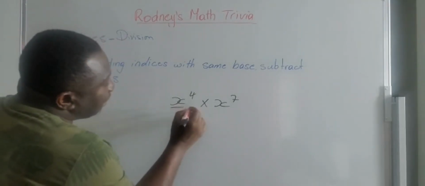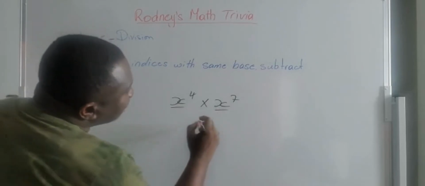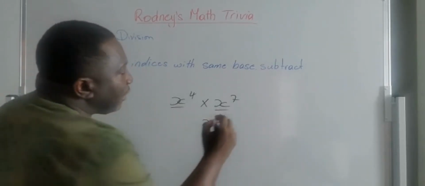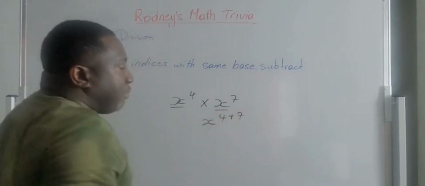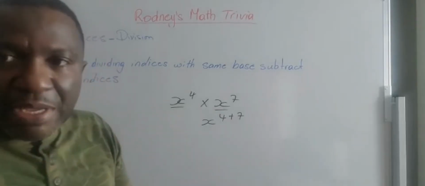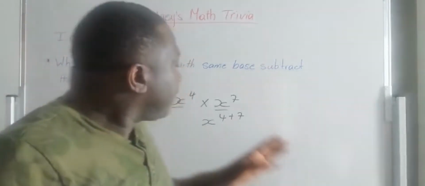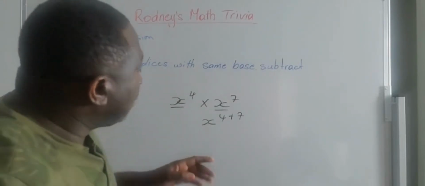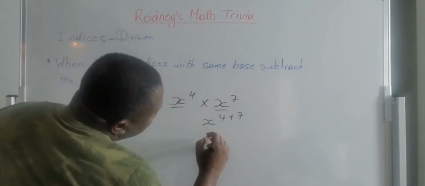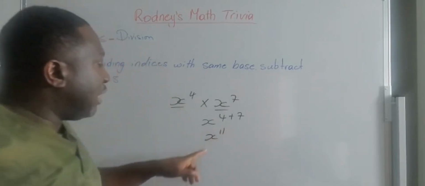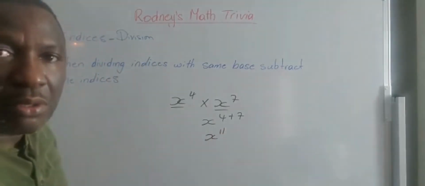In this case, it's x. Hence, in simplifying, x to the 4th plus 7. Remember, when we are multiplying indices with the same base, we will be adding the indices or the powers. 4 plus 7 is equal to 11, and x to the 11th power.